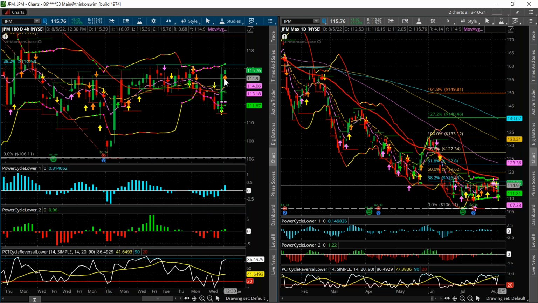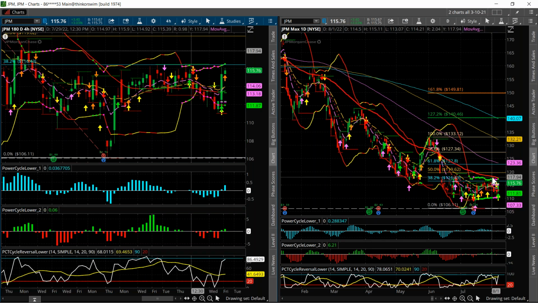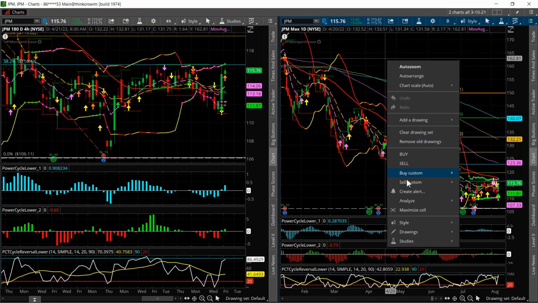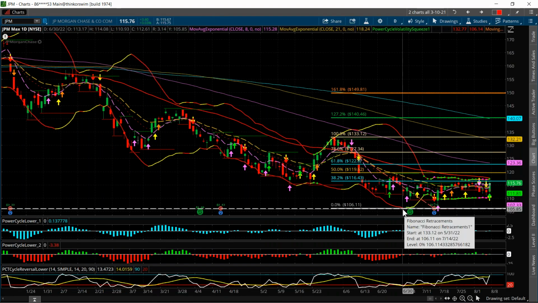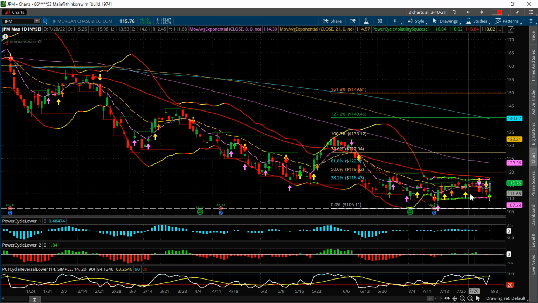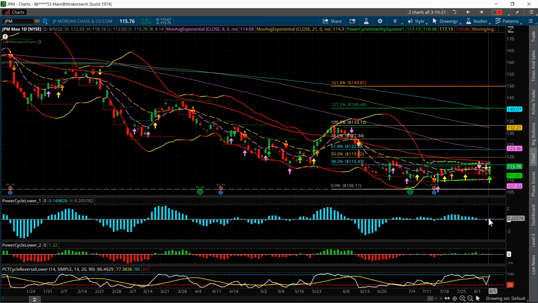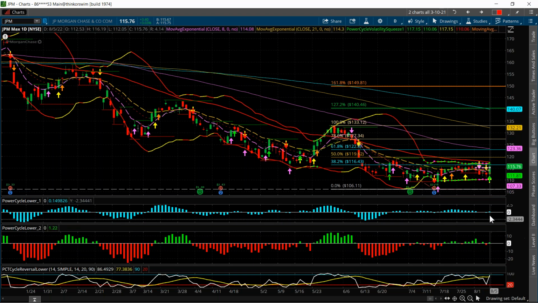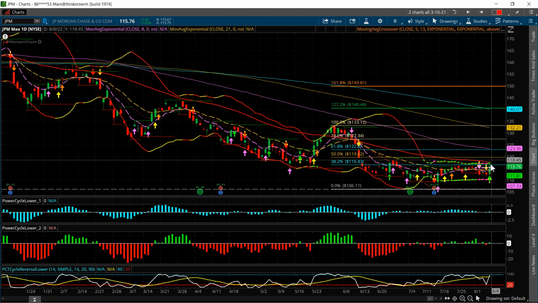So you can see the squeeze here, very tight, a very, very tight pattern. We've already had earnings, which is something else I like. Earnings are gone, that's done. The potential right now is that this could break down, but the momentum is showing us the probable direction to be up.